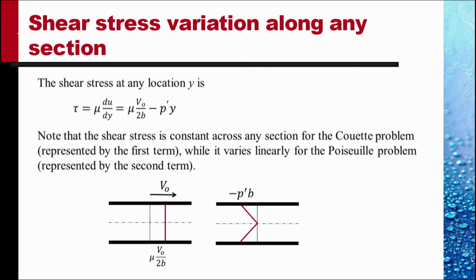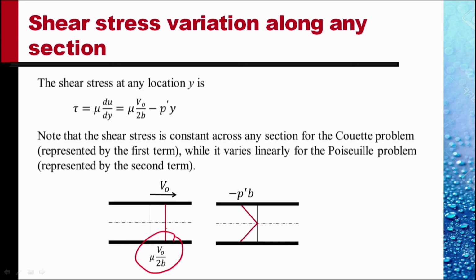The shear stress variation along any section can be calculated by tau equals mu du by dy, and that is obtained for the profile that we obtained as mu V naught by twice b minus P prime y. Note that the shear stress is constant across any section for the Couette problem, that is, no pressure gradient, but only the upper plate moving with the velocity V naught. Then we have constant shear stress equal to mu times V naught by twice b.